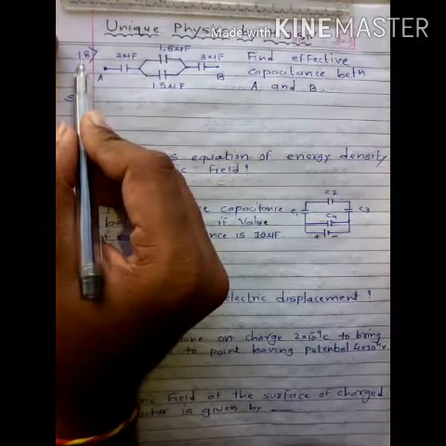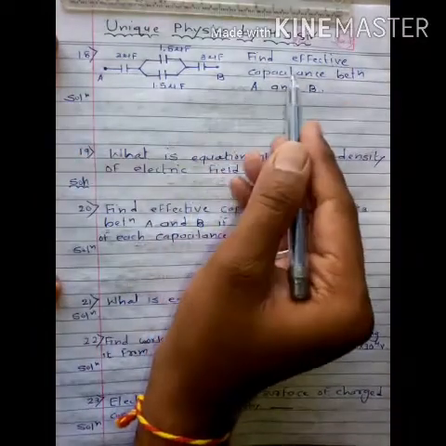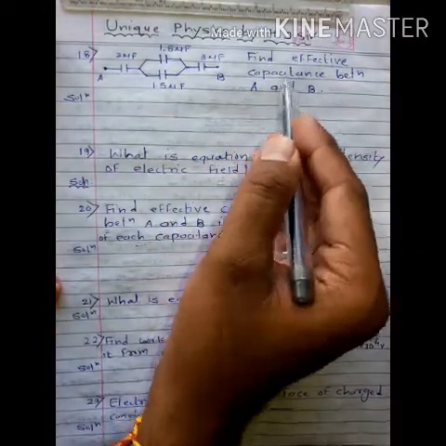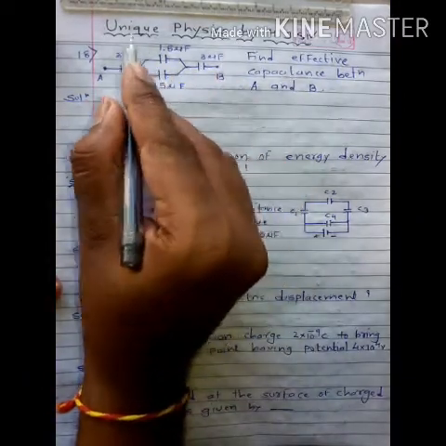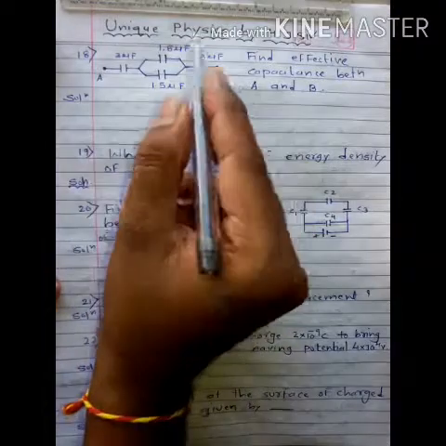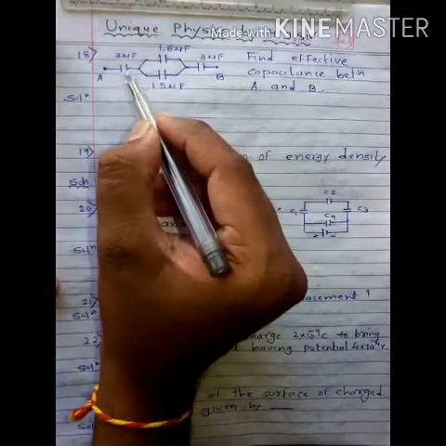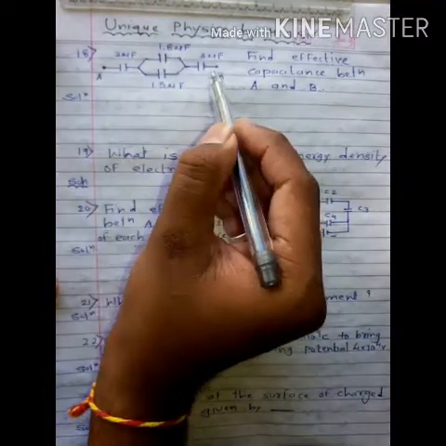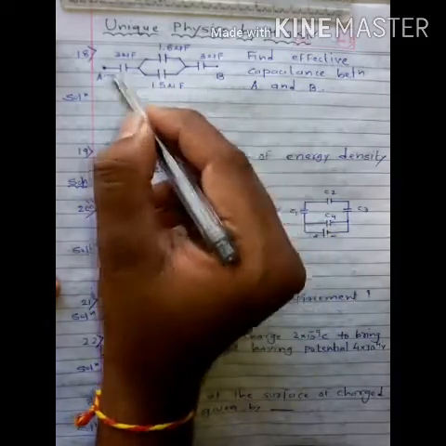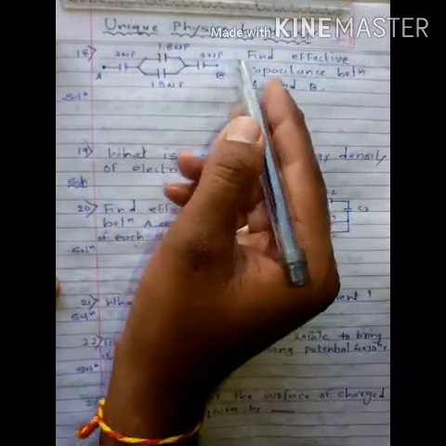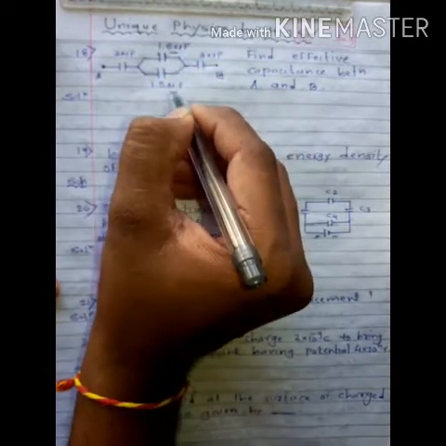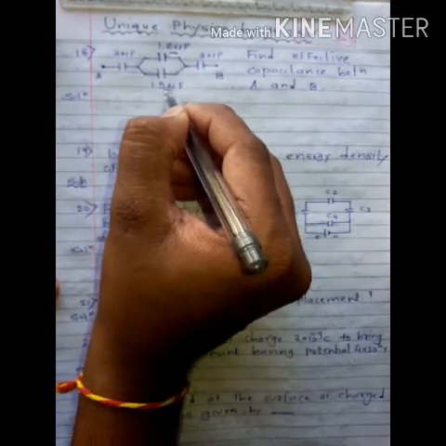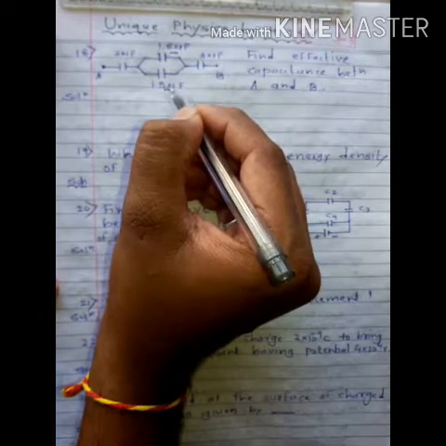Next MCQ number 18. Find the effective capacitance between points A and B. So this is our A point, this is B point. This is our circuit. In this circuit we have a total of 4 capacitors: 1, 2, 3 and 4. We want the effective capacitance between A and B. So first of all we simplify these two capacitors, 1.5 microfarad and 1.5 microfarad.